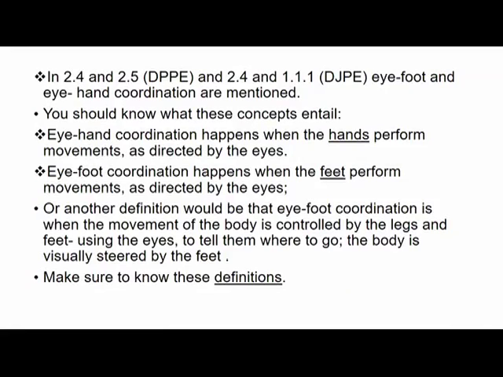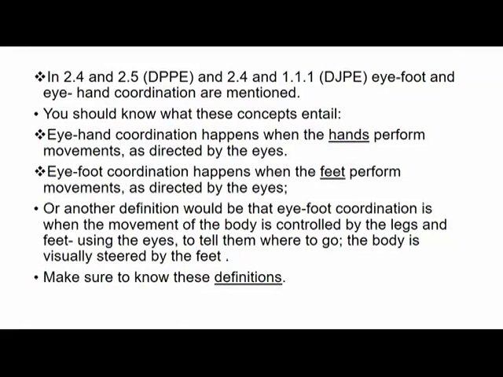In 2.4 and 2.5, that's in DPPE, and 2.4 and 1.1.1, that's in DJPE, eye-foot and eye-hand coordination are mentioned. You should know what these concepts entail. Eye-hand coordination happens when the hands perform movements as directed by the eyes.